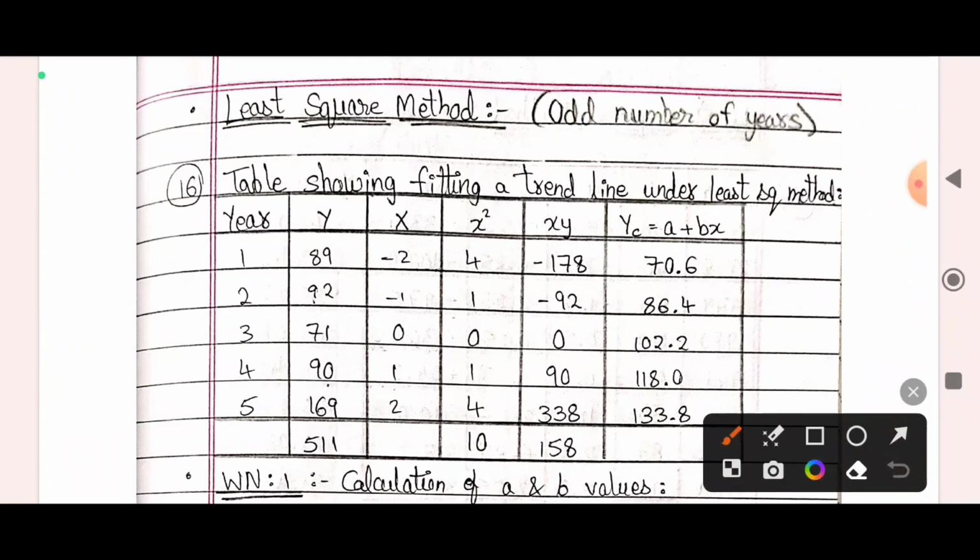Next what do we require? X values. How will you take the x value? As I said, it is totally 5. This third one alone is there, so take the third year as 0, above that -1, -2, below that +1 and +2.